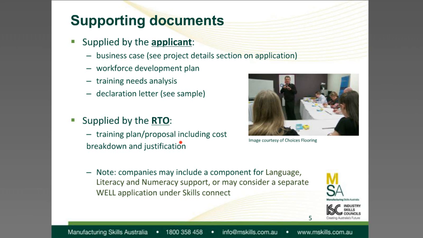So the kind of information we want to see is what is included in your training: what, who, where, why, and how much the training is going to cost. One way to think of it is what you would provide your client as a proposal.